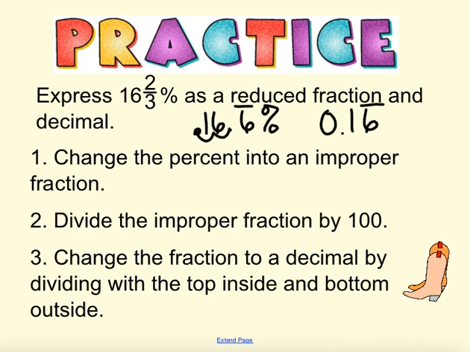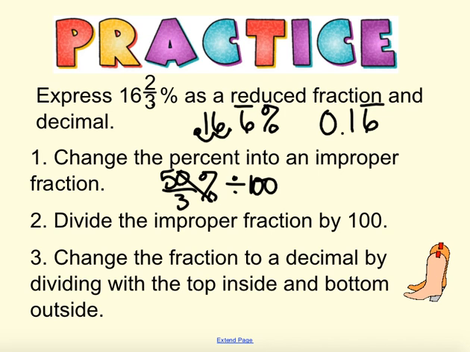Okay? Now, if we want this as a fraction, we first need to turn the percentage into an improper fraction. So to do that, remember, we're going to do 3 times 16 plus 2, which gives me 50/3%. Just like we take our percentage and turn it into a decimal, we divide by 100. So we take 50 over 3 and divide by 100.